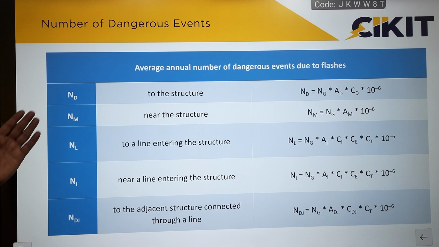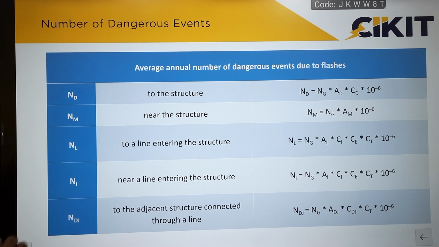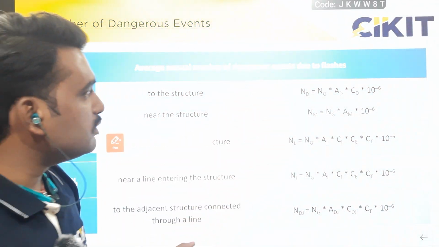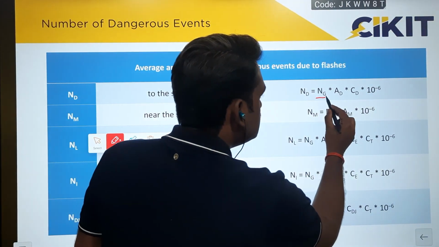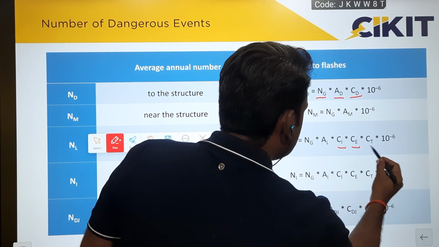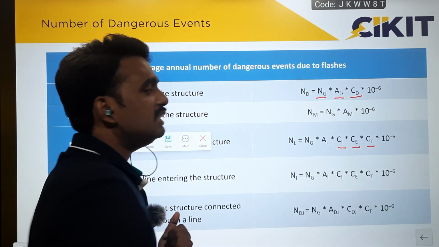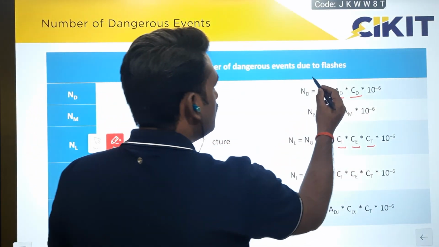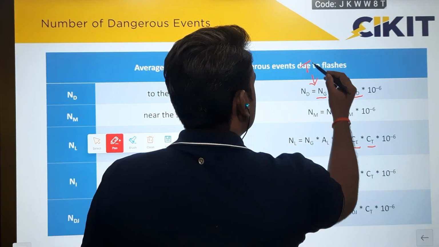This is the formula for calculating the number of dangerous events ND. In this, we can observe that the number of dangerous events depends on NG, AD, CD, CI, CE, CT. NG is nothing but ground flash density, which mainly depends on the number of thunderstorm days.